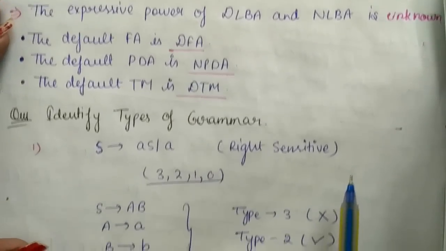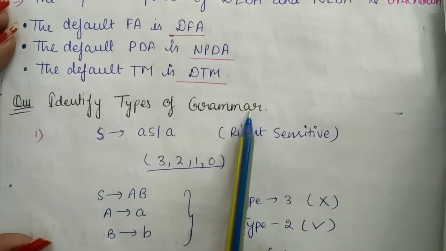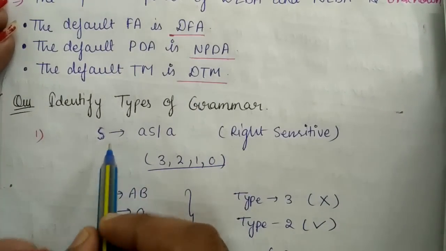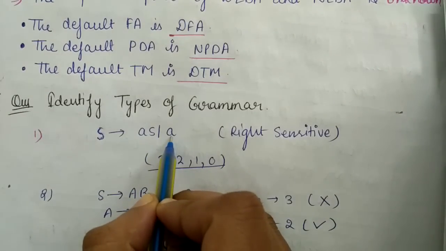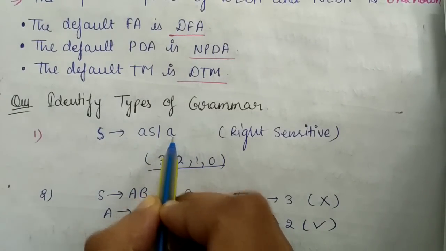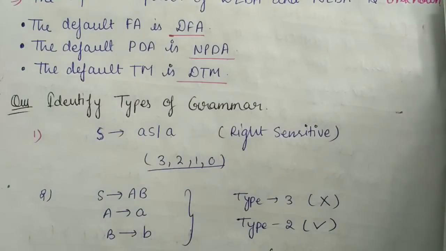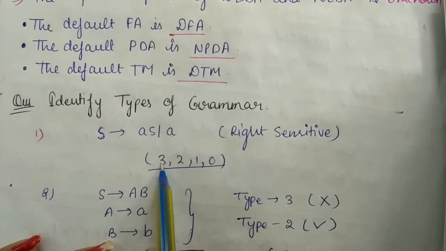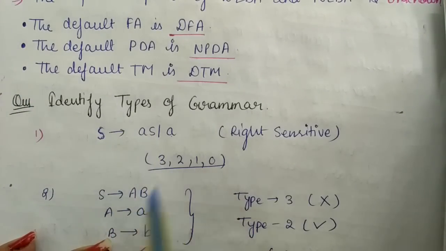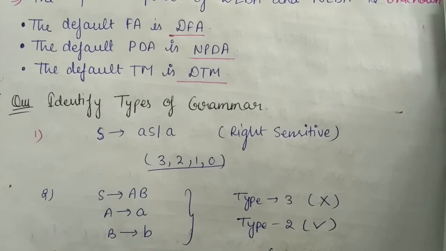Now coming to the next point, identify the types of grammar. Now we have this grammar, and we have to identify the type of grammar. Identify the minimum type, the minimum possible subset. If the language is regular, it will automatically be CFL, then CSL, and then recursively enumerable language.